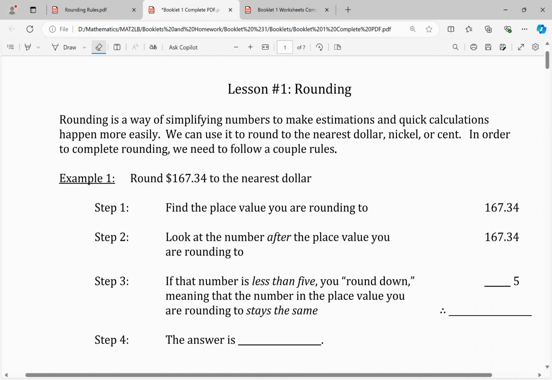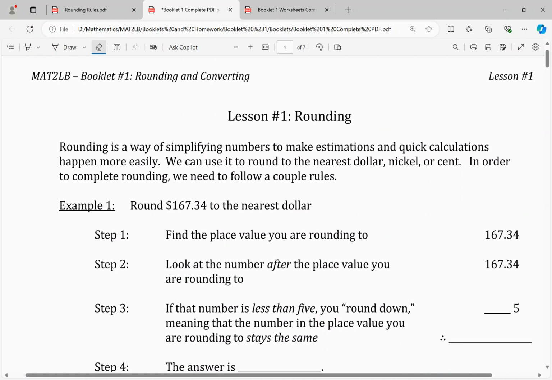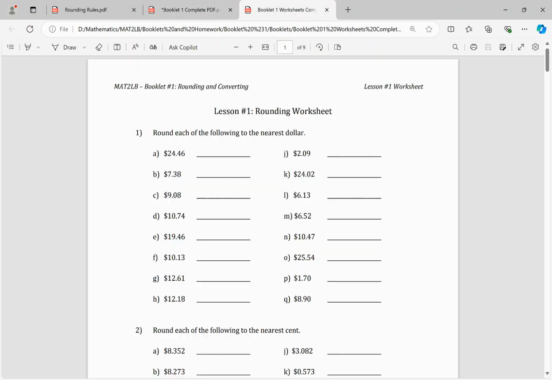Now, for today's lesson, I will be using 3 pages that you have in your binder. The first and most important page is going to be this lesson that you see on the screen. It is labeled Lesson 1 Rounding. After this page in your booklet, you should have a very similar page that says Lesson 1 Rounding Worksheet. We're going to talk about that a little bit today as well.